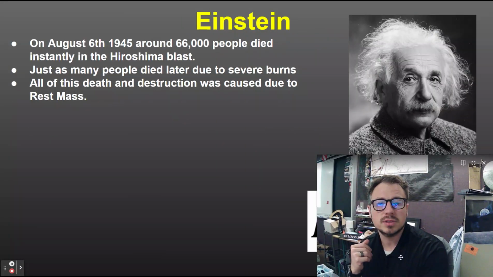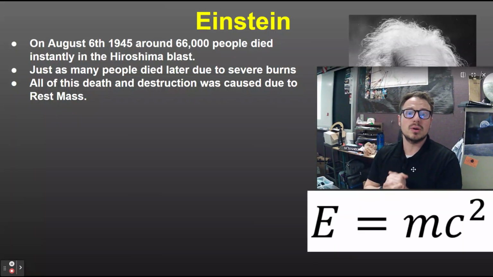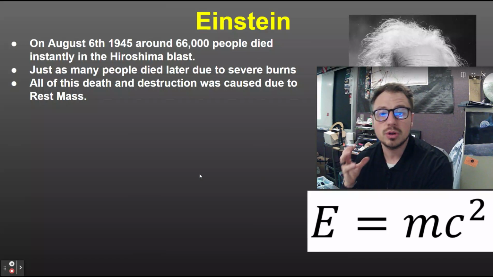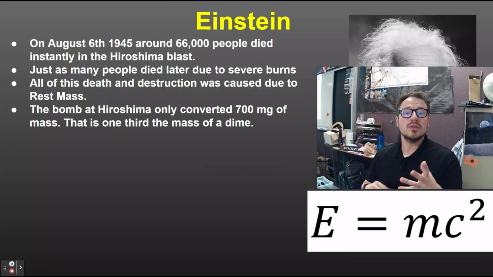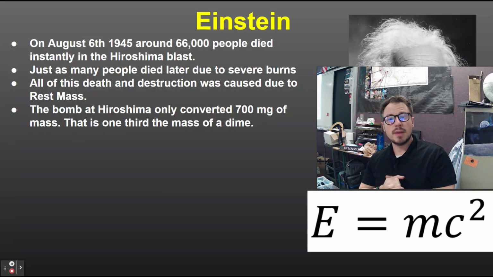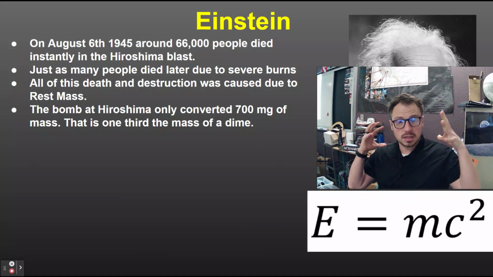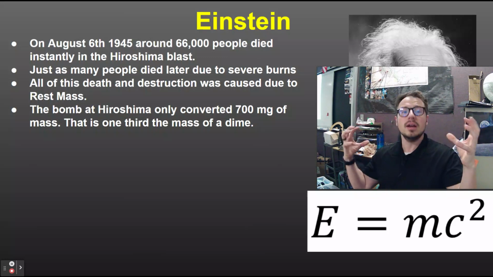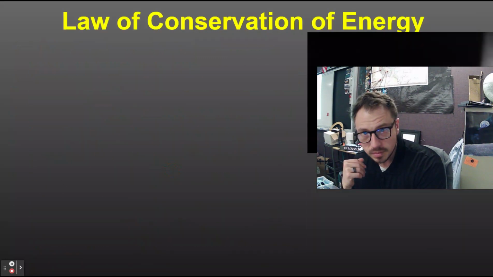It's also where nuclear bombs get their energy. If you think about the Hiroshima explosion, it only converted 700 milligrams of mass, about a third of the mass of a dime. You take that much mass and convert it into energy really quickly, and it creates a very large energy release in the form of an atomic explosion.